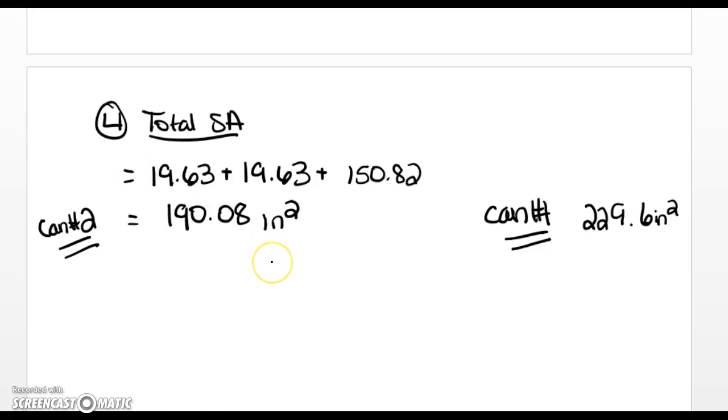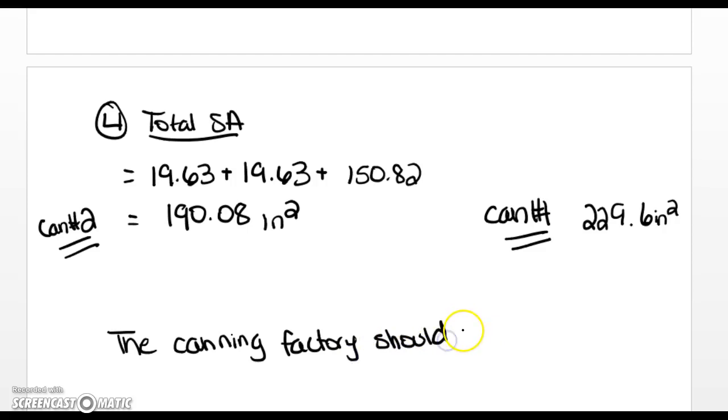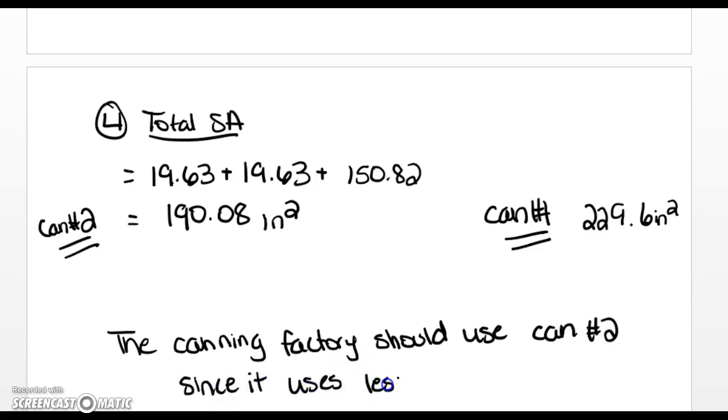So that canning factory wants to use can number 2. And then when you've answered that with a sentence, you are all done this question.